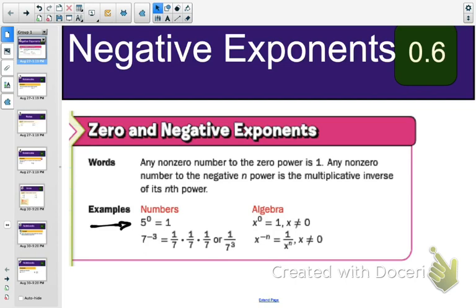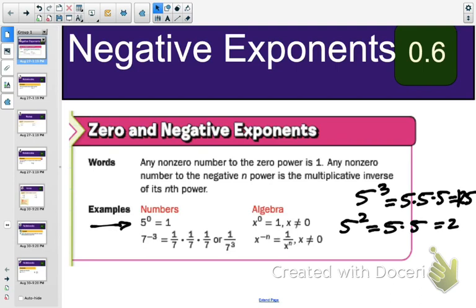Because if we think about it, 5 to the third power is 5 times 5 times 5, which is 125. I'm going to run out of room here. 5 to the second power is 5 times 5, which is 25. 5 to the first power is just 5. Okay. So then 5 to the 0, a lot of you want to say it's 0 because there's no 5s.